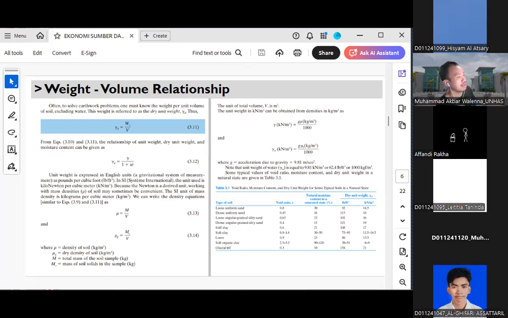So gamma in here, we can compute by multiplying the acceleration due to gravity, which is 9.81 or 10 meters per second squared, by the density divided by 1000. Okay, and that's how we are able to compute the gamma or the unit rate.